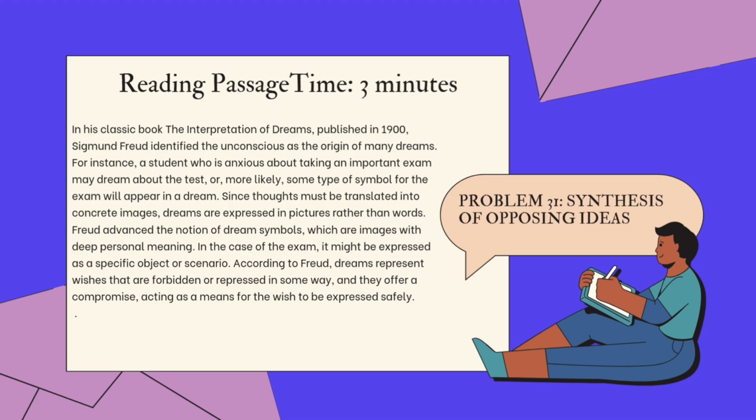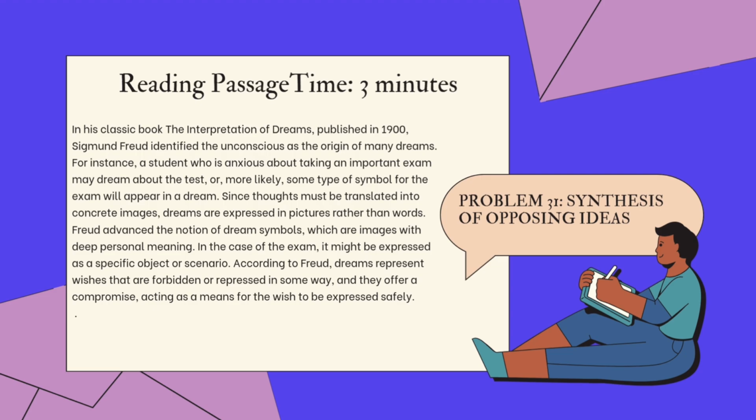In his classic The Interpretation of Dreams, published in 1900, Sigmund Freud identified the unconscious as the origin of many dreams. For instance, a student who is anxious about taking an important exam may dream about the test, or, more likely, some type of symbol for the exam will appear in a dream. Since thoughts must be translated into concrete image, dreams are expressed in pictures rather than words.